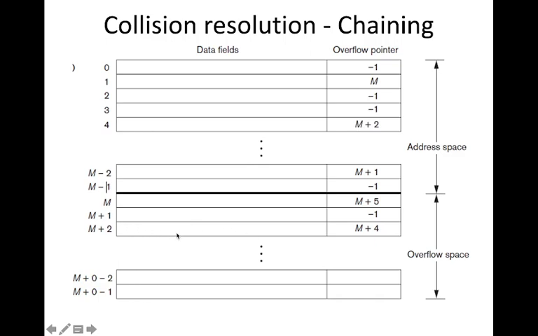And M plus 2 has another overflow, so it will go to M plus 4. Like that, there will be overflow space and address space separately. Whenever an overflow occurs, it will take some overflow space, and this overflow pointer will be updated.